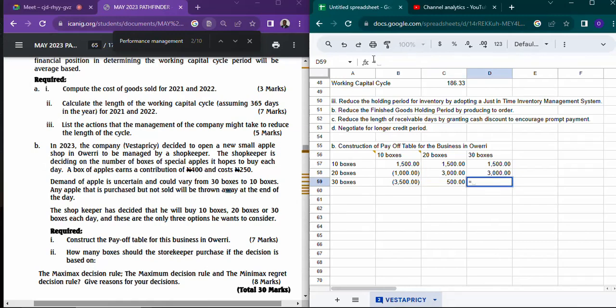And here, same thing, you do 400 times 30. You bought 30 so you can sell 30 conveniently, times 250 times 30.